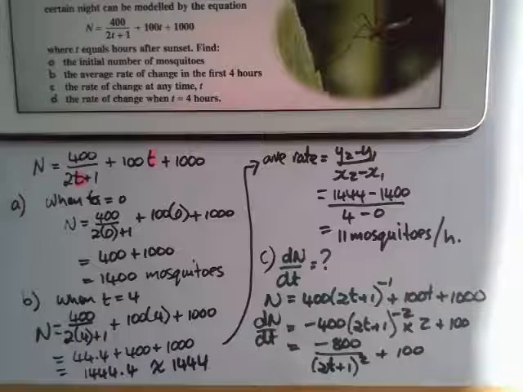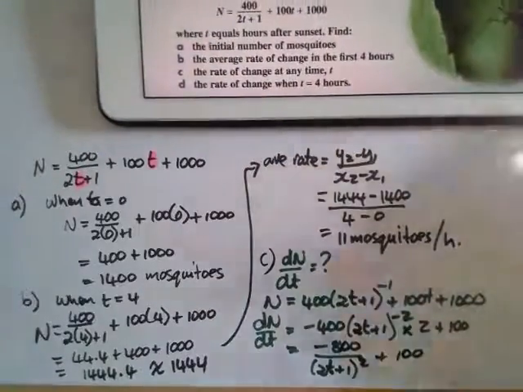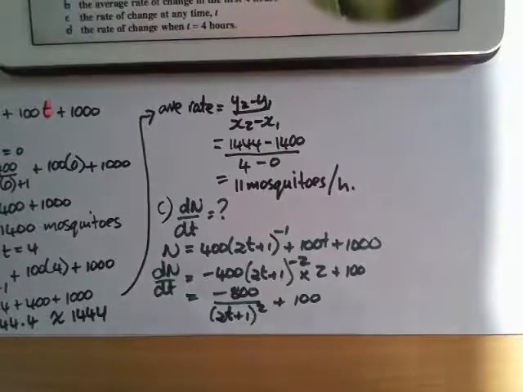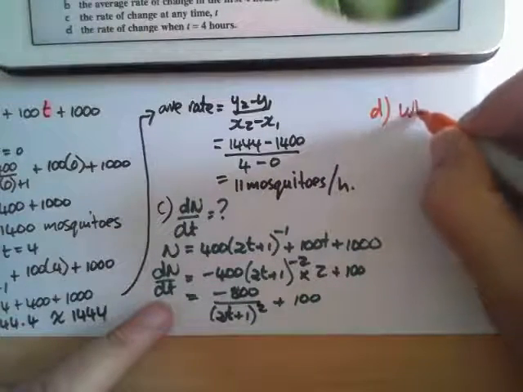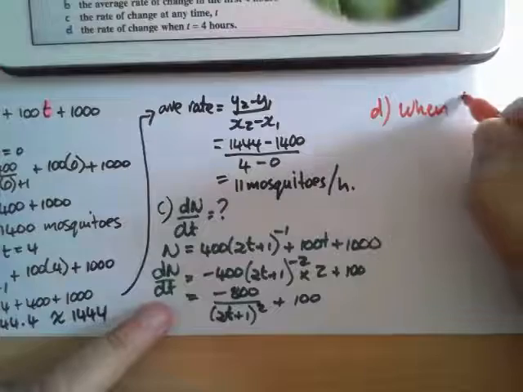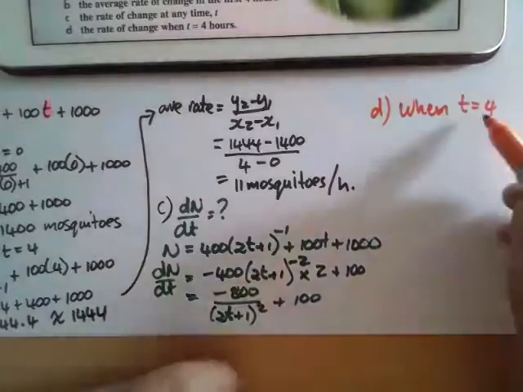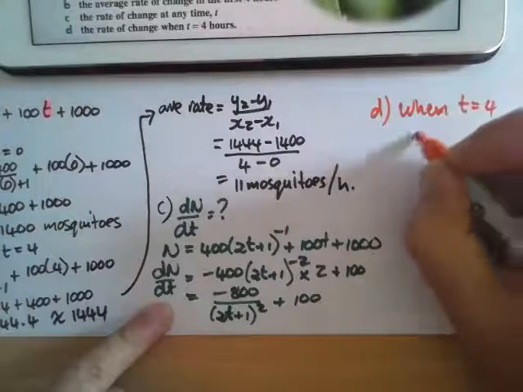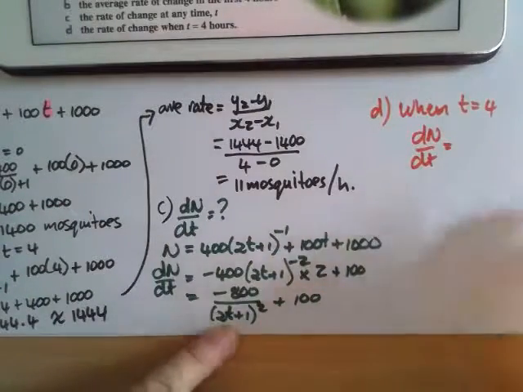If we want to know now what it is in D when the time is 4 hours, if we want to know what it is at all times in D when time is 4, I'm just going to say when t equals 4, and I'm going to substitute that into my gradient function, which means when t is 4, dn dt equals, and wherever there's a t over here, I'm going to substitute 4 in.